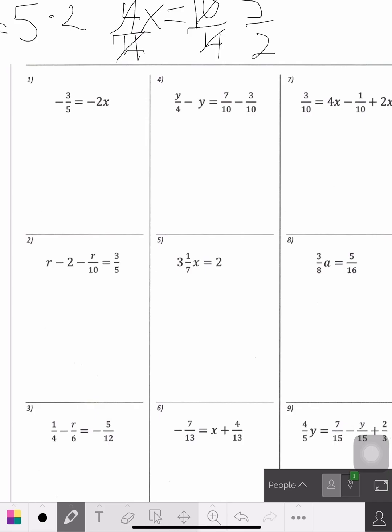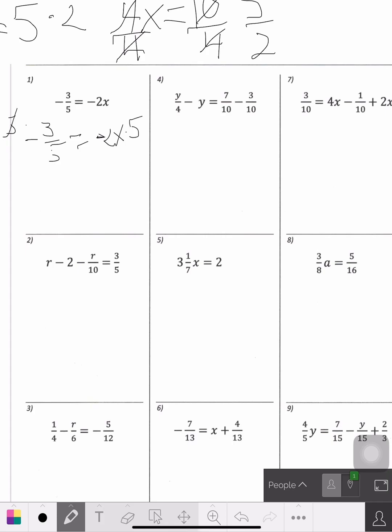So we get negative 3/5 times 5. Negative 2x times 5.